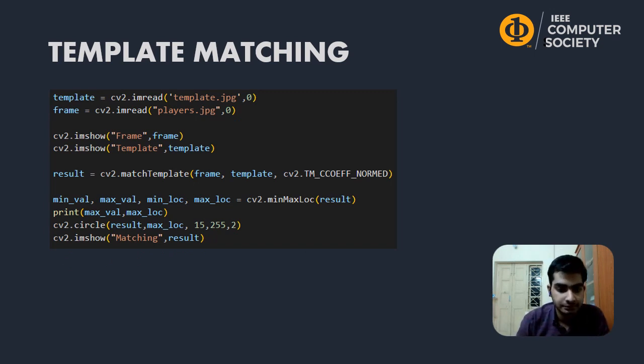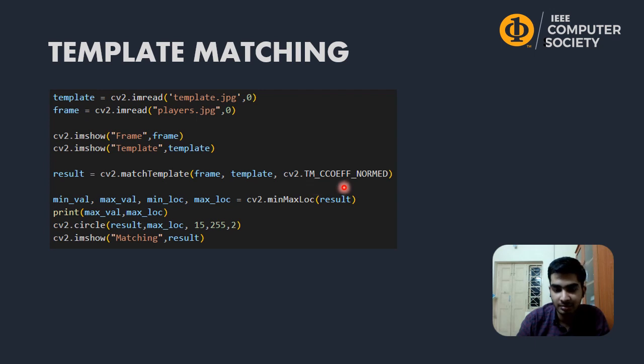So here we are reading a template image as a grayscale image and frame, which is a sample image as layers.jpg, as a grayscale image. We are displaying both images using the imshow function. Now we are using a new function called matchTemplate, which takes the frame and template as parameters, and there are different methods to find the template matching.